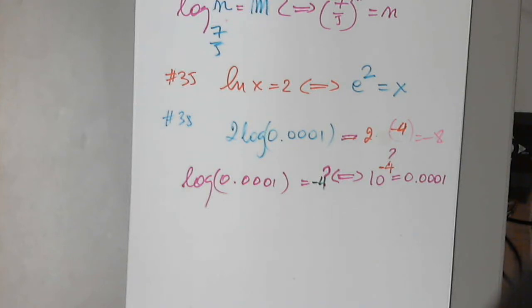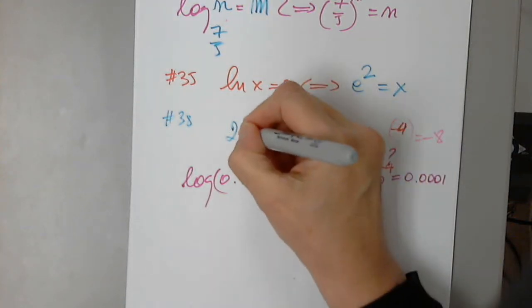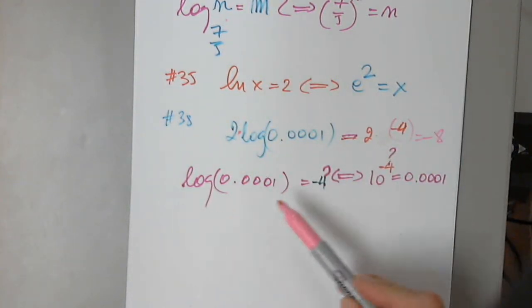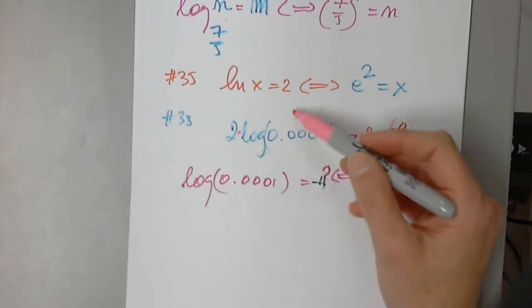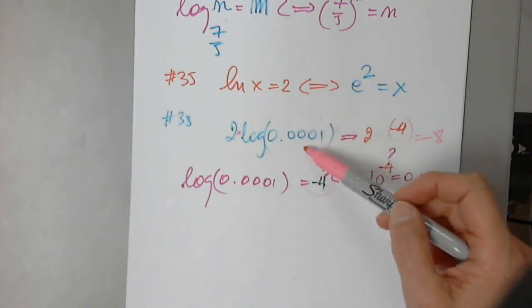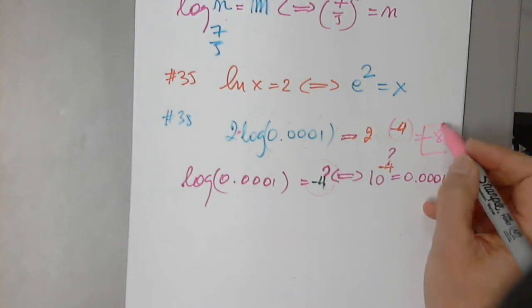So once I determine this number to be negative 4, I multiply it by 2. Oh, okay. Yes. So 10 to negative 4 is this. So this piece is negative 4. 2 times negative 4 is negative 8.